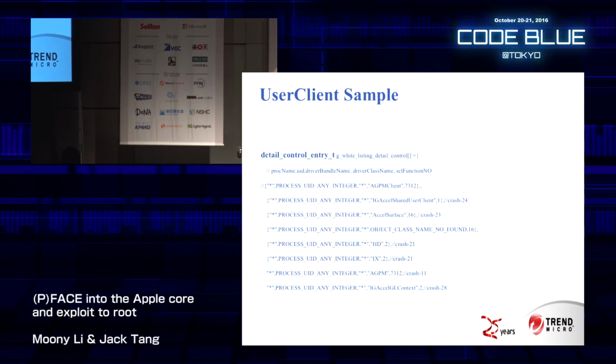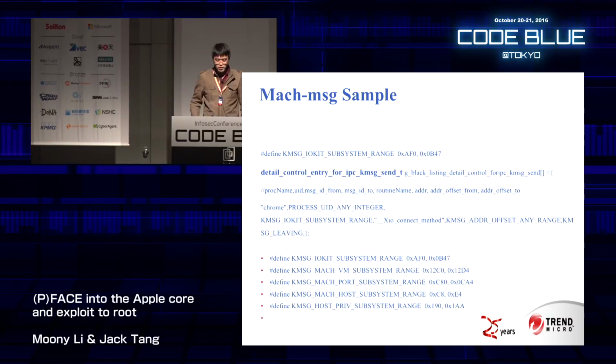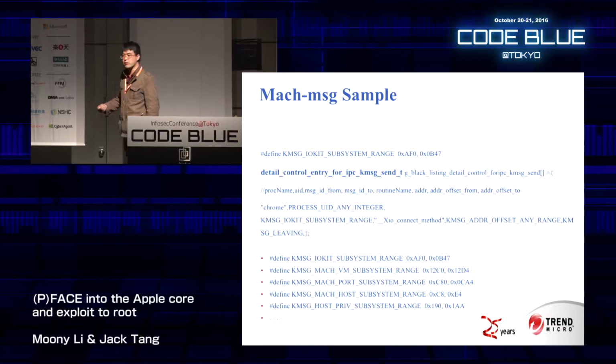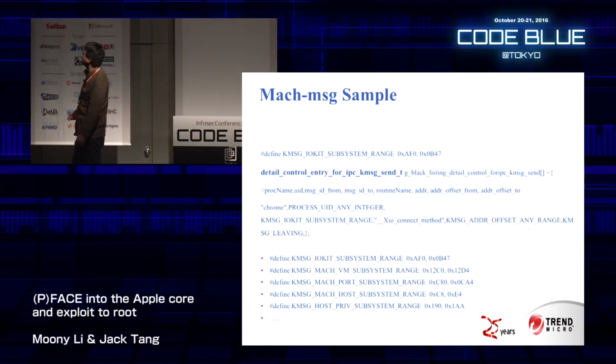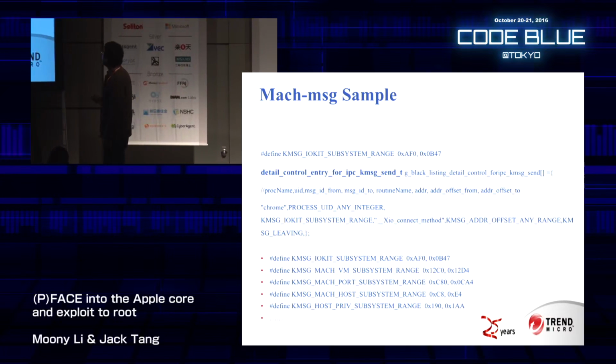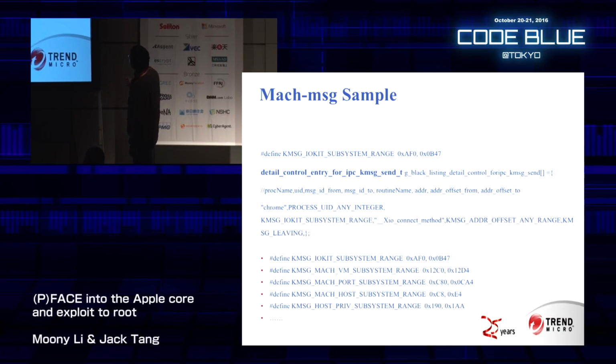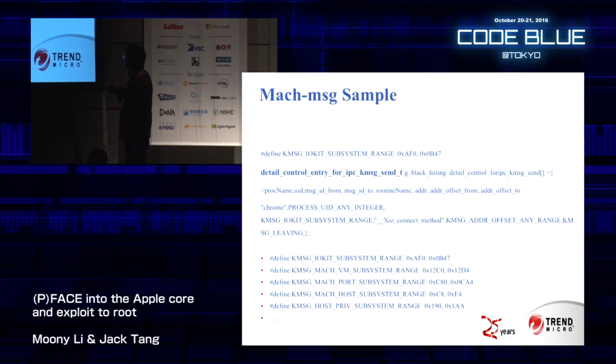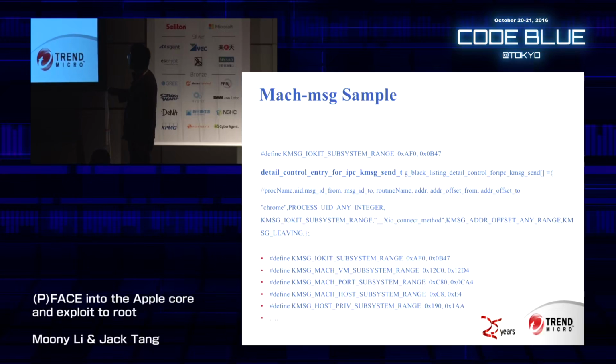we're caring about. And this is the Mach message inter-process communication related condition checker. In this condition checker, we would care about, for example, Mach message ID, Mach message ID from, Mach message ID to. Actually, all the Mach IDs could be divided into different parts, and we summarize them here.